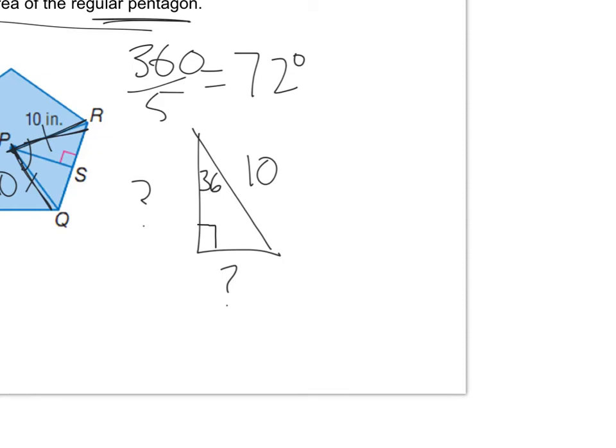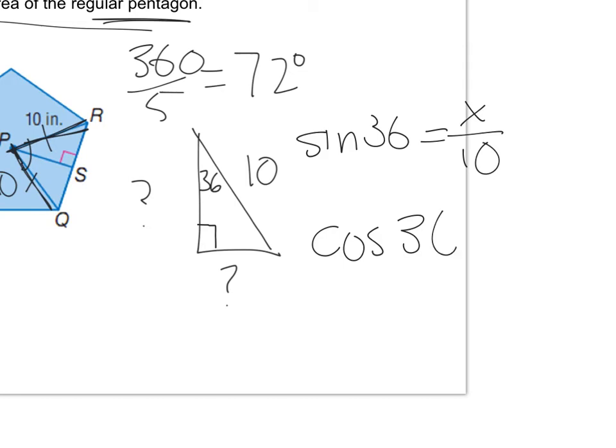So if I take sine of 36, that will be equal to the opposite side over 10. And if I take cosine of 36, this will be x, this will be y, that will be equal to y over 10.